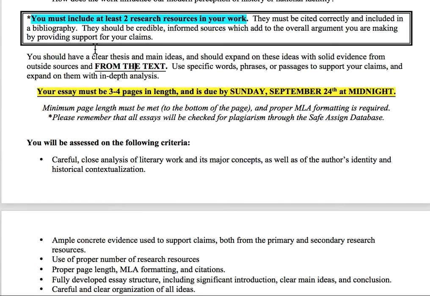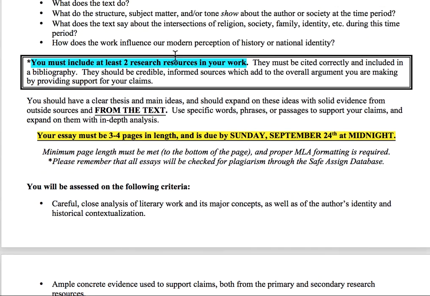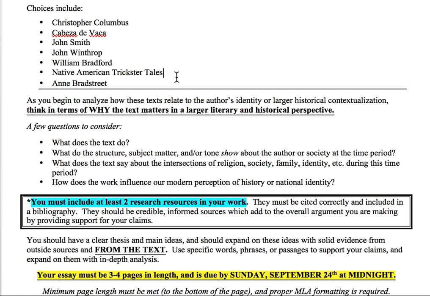Make sure that when you're writing, you have all of the elements of an essay. So you have a clear thesis statement, which explains what your argument about that text is. What do you have to say about that text? Good main ideas with expansion, so you need to give me lots of good evidence from the text. If you're talking about the native trickster tale's portrayal of a particular archetype, then you need to give me quotes from the text that show me that archetype.